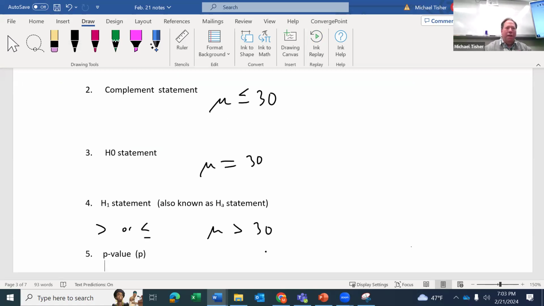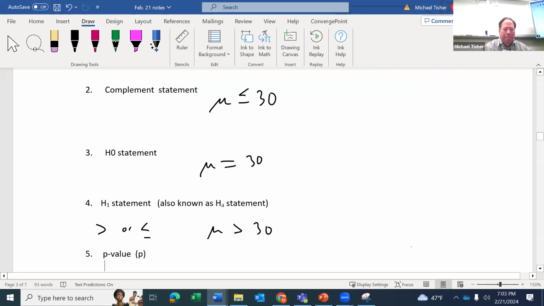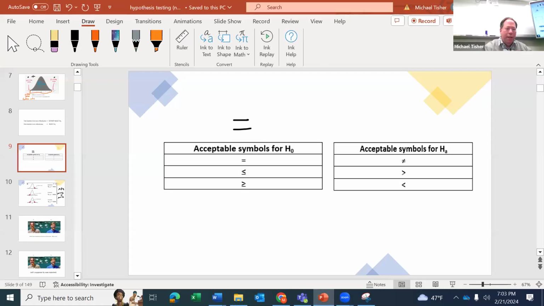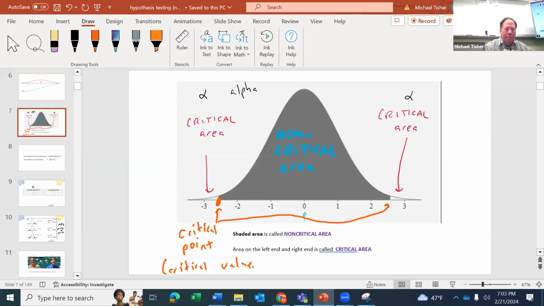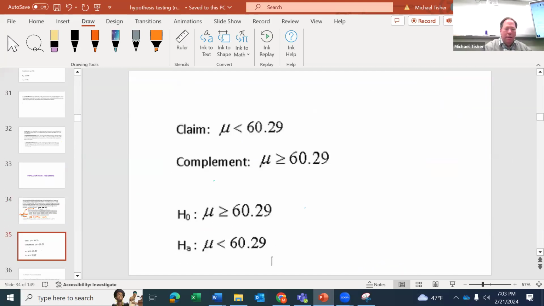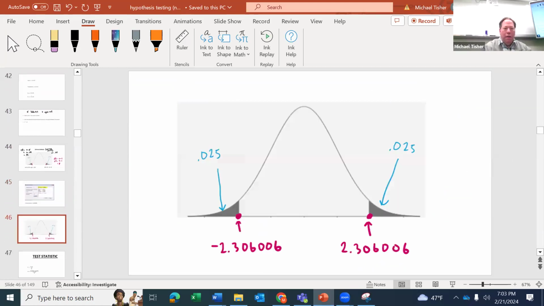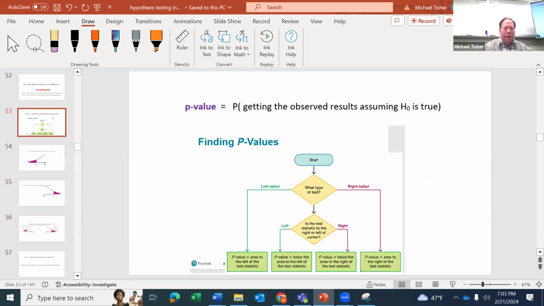Now, in this checklist, we have something called a p-value. Okay, I need to explain what this is. So just hold on. Okay, I have a slide for this.